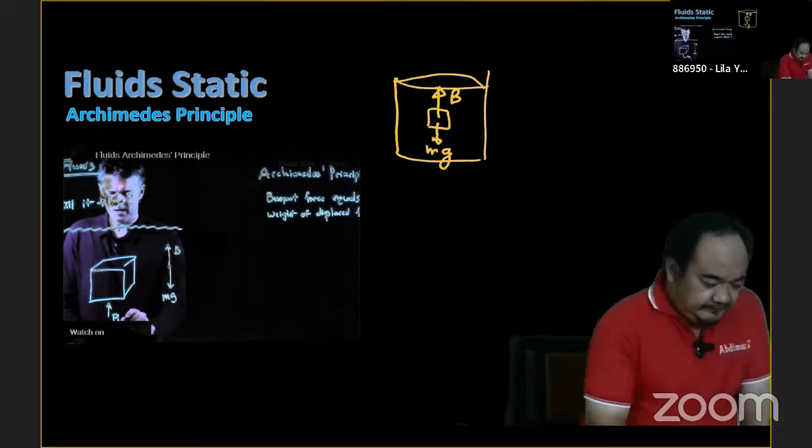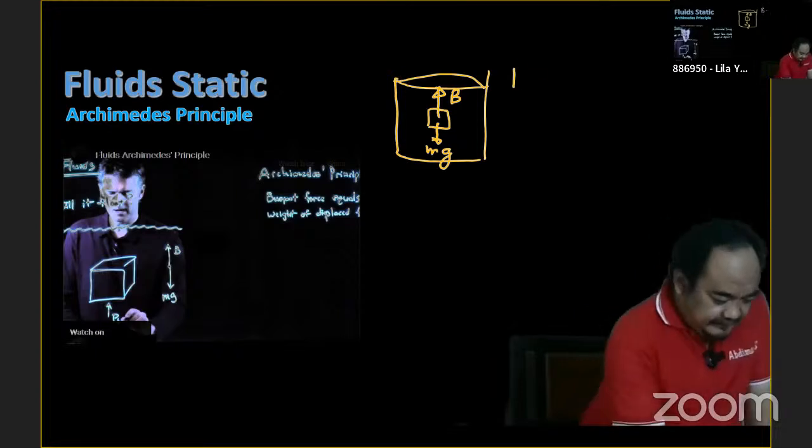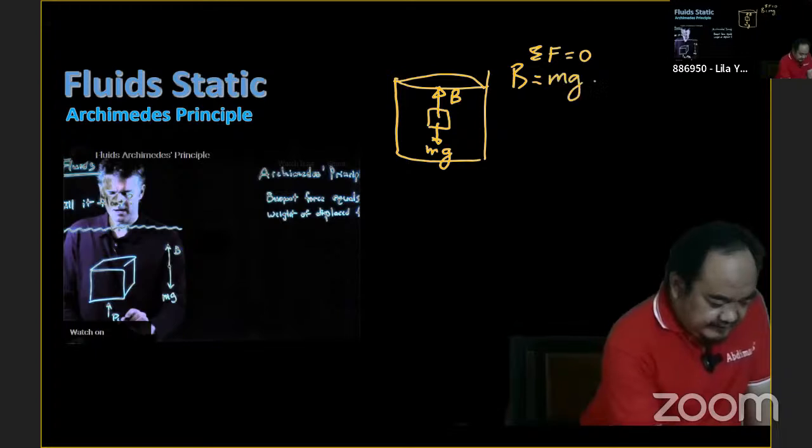And the buoyant force, from sigma F equals 0, will be mg. Okay, and m can be converted into rho times volume times g.